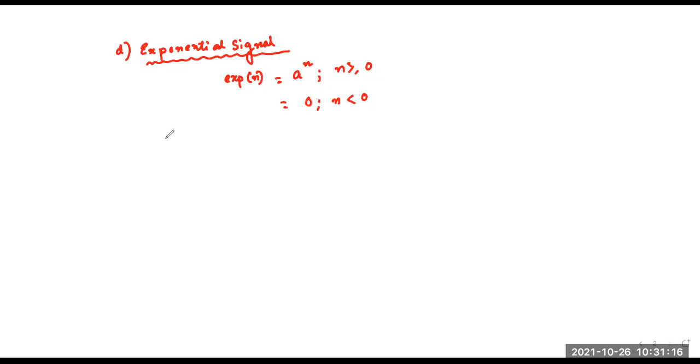If the value of a lies between 0 and 1, then it is called a decreasing exponential signal or exponentially decaying signal.